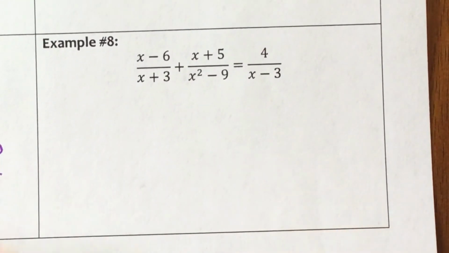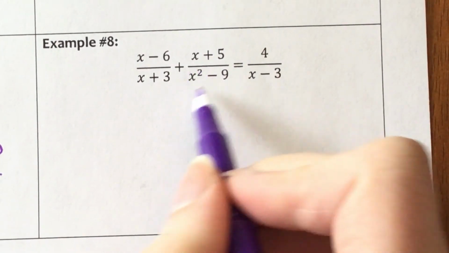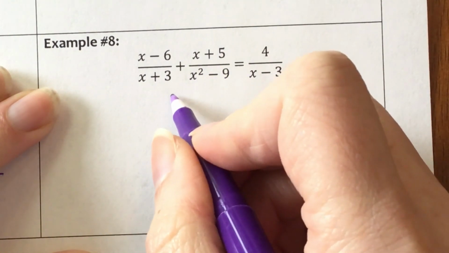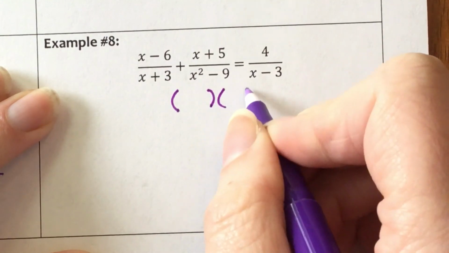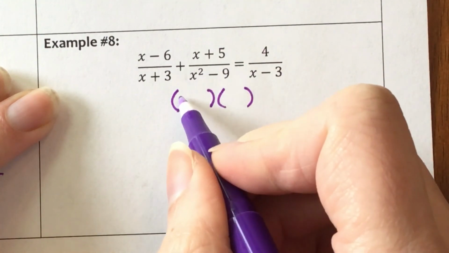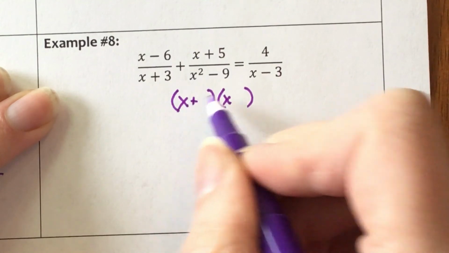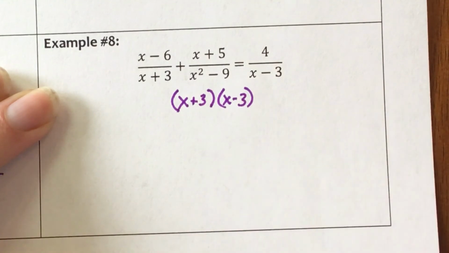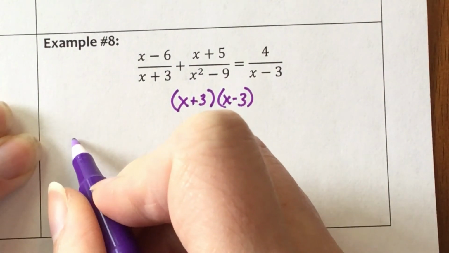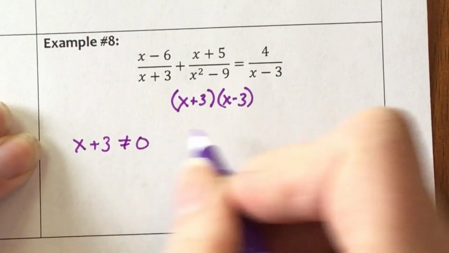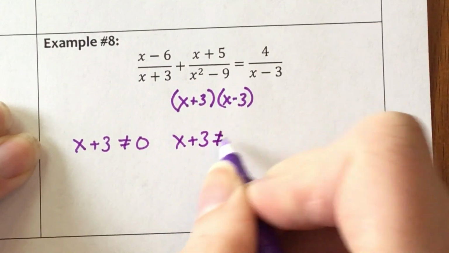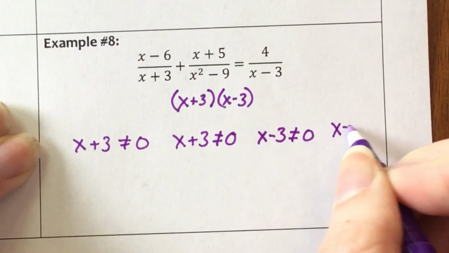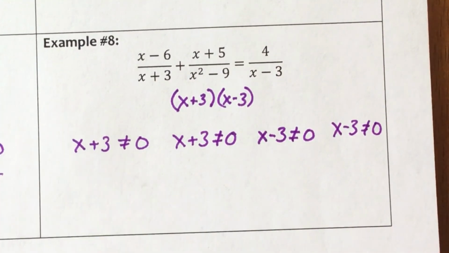And last one. We do have an x squared in this problem as well, so we will have to factor this guy. X squared minus 9, that is a difference of squares. So that'll be x and x, 1 plus, 1 minus, and then the square root of 9 is 3. So our little equations look like x plus 3 does not equal 0, x plus 3 does not equal 0, x minus 3 does not equal 0, and x minus 3 does not equal 0.